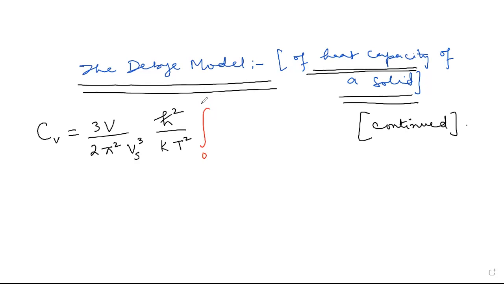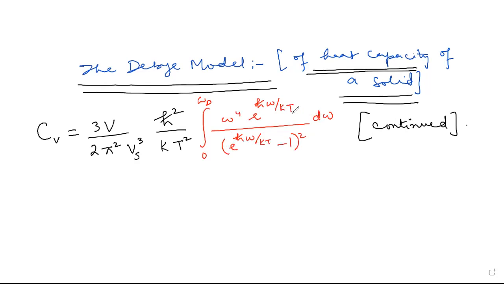Then we had omega raised power 4 e raised power h cross omega by kT, then in the denominator we have e raised power h cross omega by kT minus 1 square d omega.